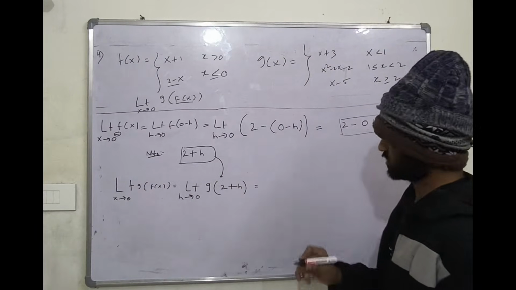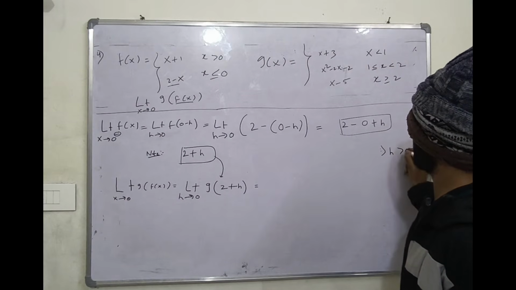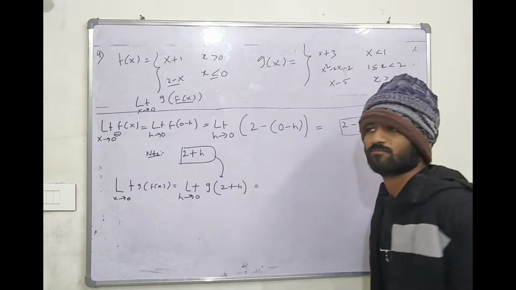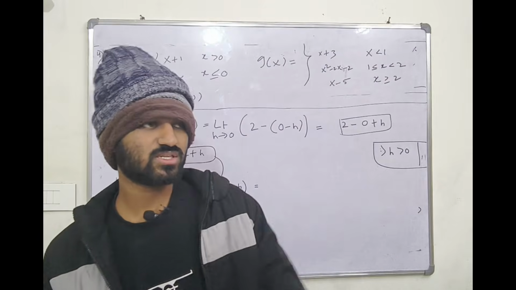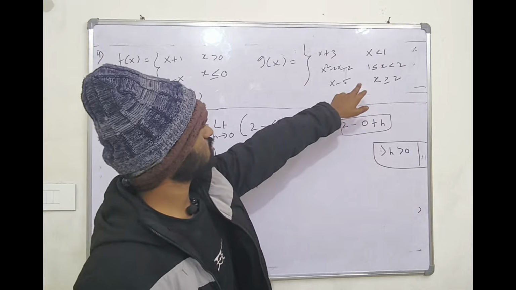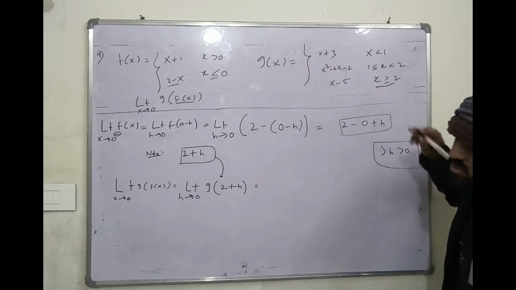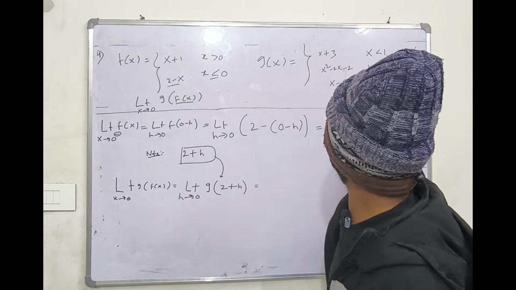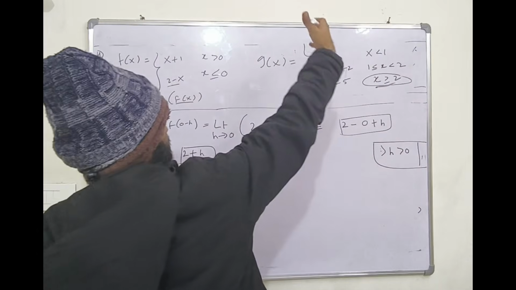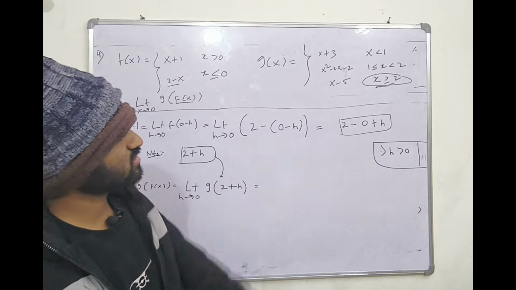Now since h is positive and h is infinitely small, 2 plus h is greater than 2. Let's take an example, h is 10 power minus 40, so 2 plus 10 power minus 40 must be greater than 2. So our case must be this case, because that is x less than 2, that is x less than 1, so the function g of x is x minus 1.